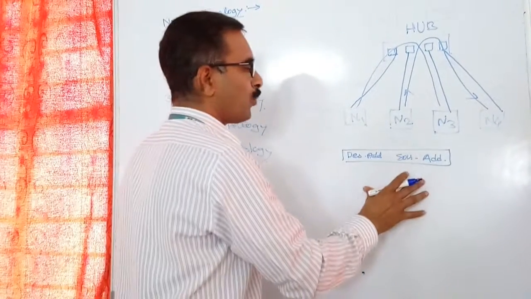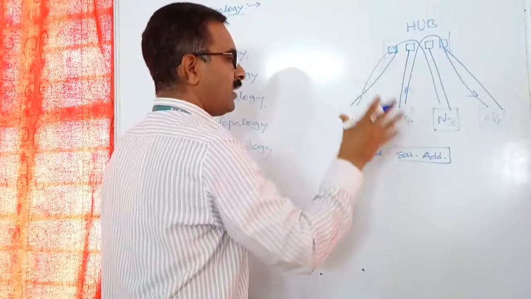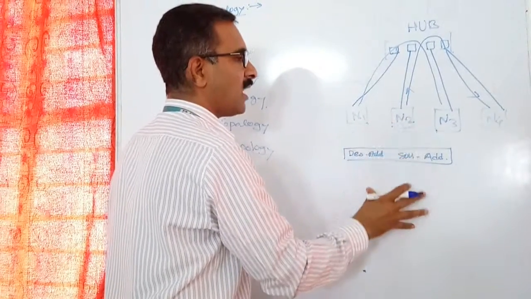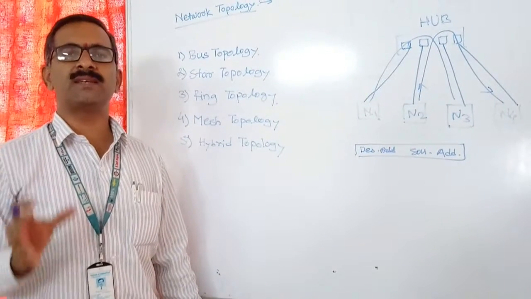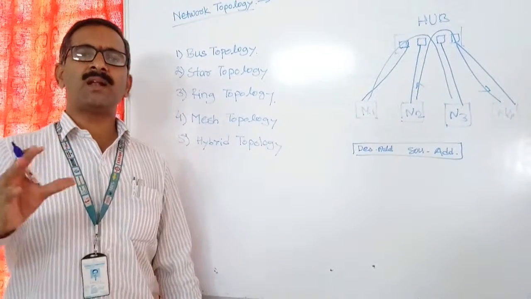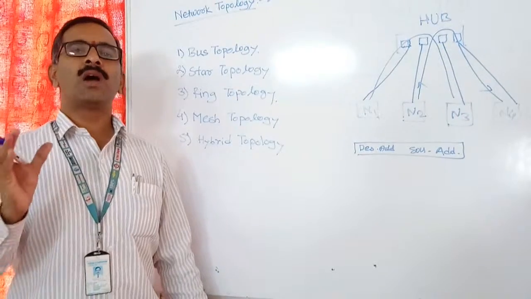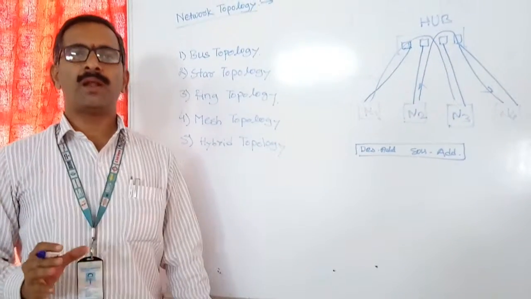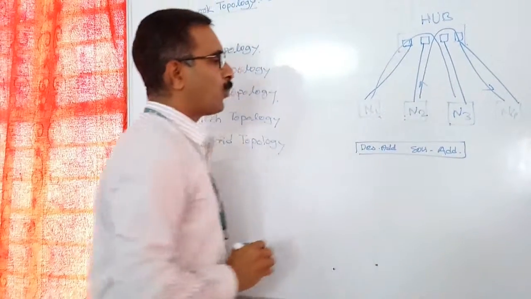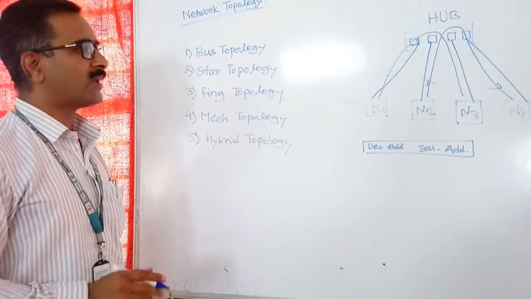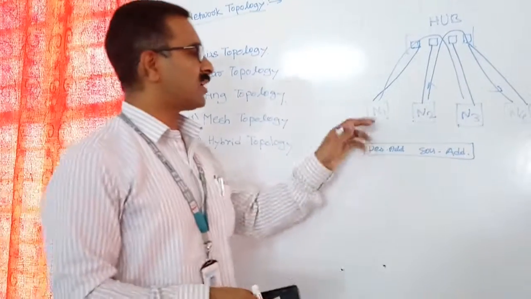So in a star topology, all the devices are connected to the central device and the network is established, and that central device acts as the controller for this network.